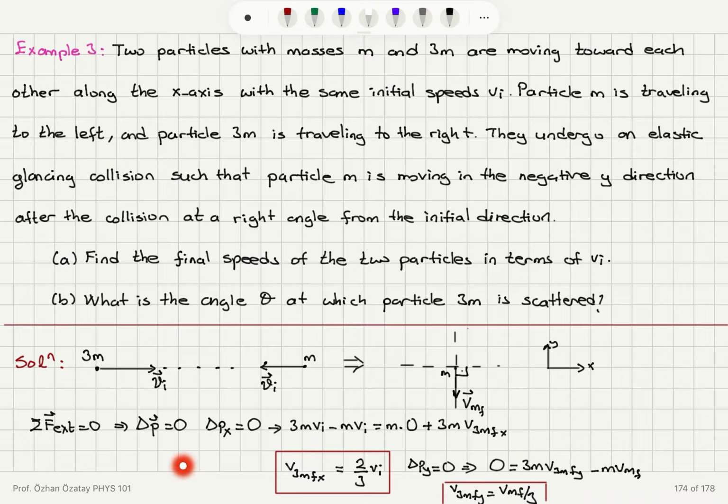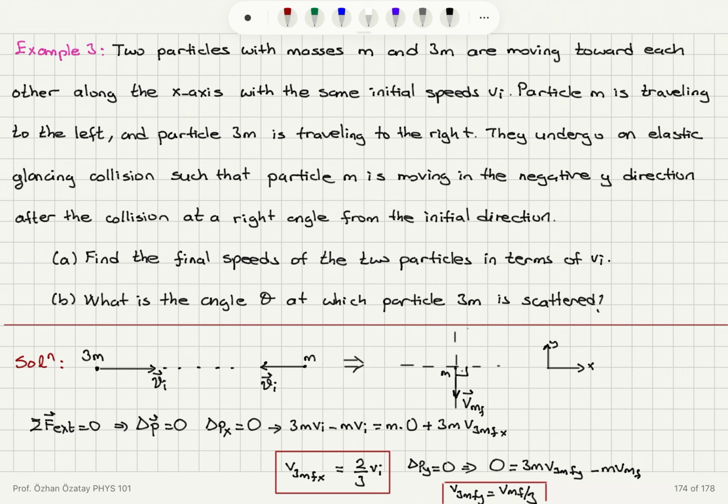First, I wrote linear momentum conservation. On the x-axis, initial momentum is 2mVi, that is 3mVi minus mVi. The final momentum has m times 0 because there is no x component, and for 3m there will be an x component, V3m final x. This allows me to write V3m final x in terms of Vi, 2/3 Vi.